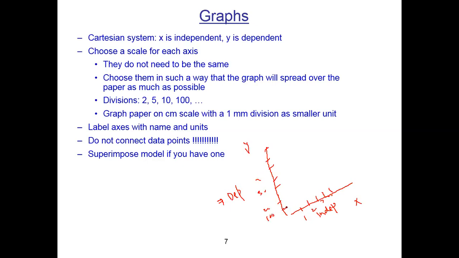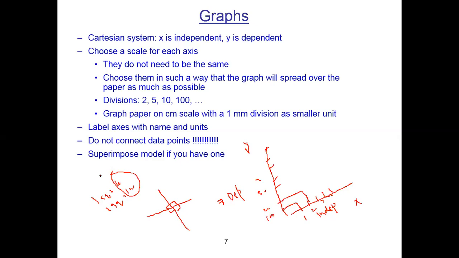For example, in graph paper we have squares. You can consider that one square equals, for example, 10 units, or one square equals 100 units. It depends upon your data, it depends upon your observation. Correct?